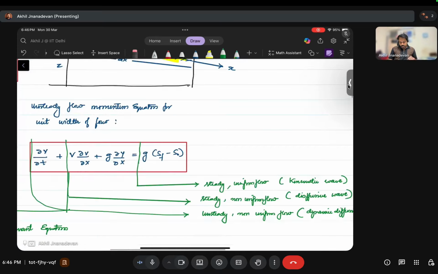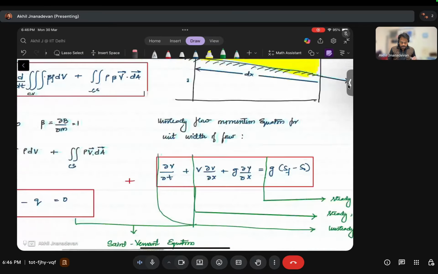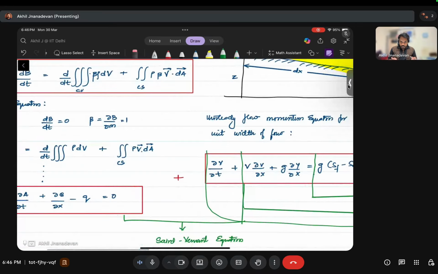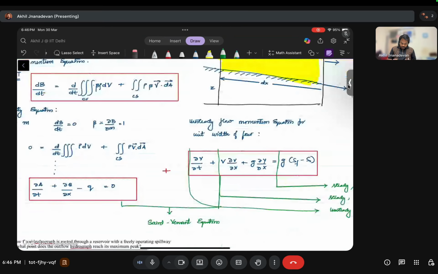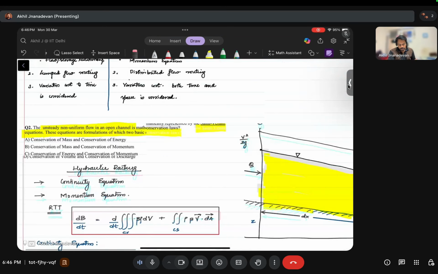Okay, so this is the basic idea of hydraulic routing, that is solving these momentum and continuity equations, the Saint-Venant equations, which are both differential equations. If we solve these, we get the flow depth and velocity at different times, right? That is the main idea of hydraulic routing.